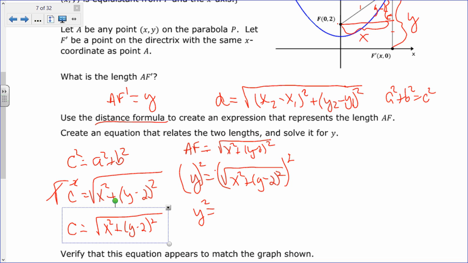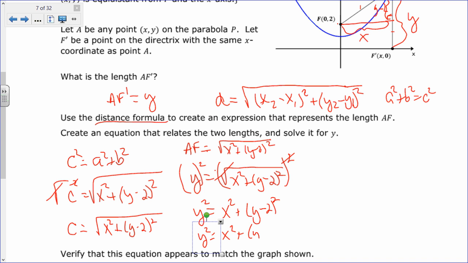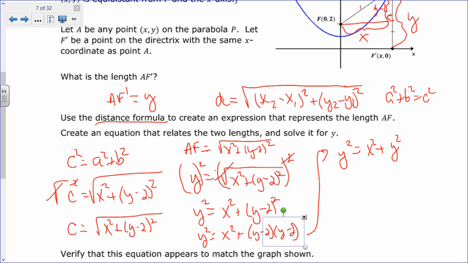So y squared equals, the square root cancels out, x squared plus y minus 2 squared, which means I need to write it twice and actually multiply it out. So y squared equals x squared plus y squared minus 4y plus 4.